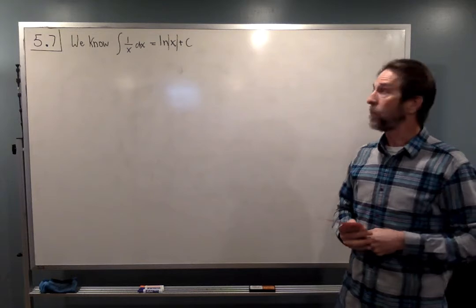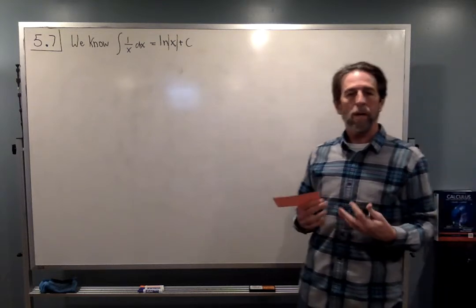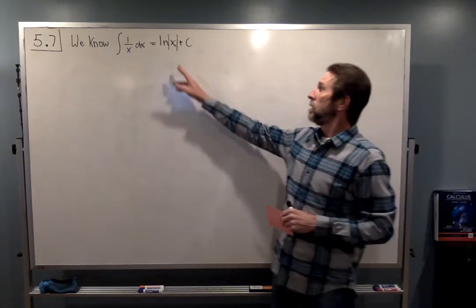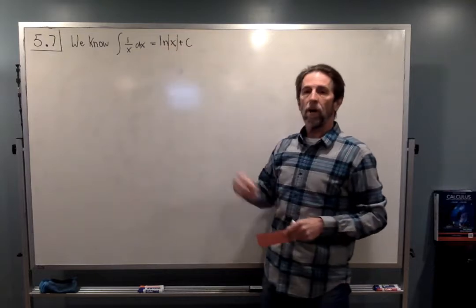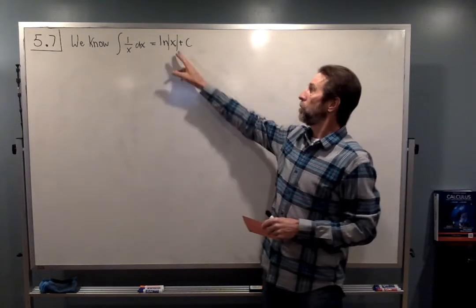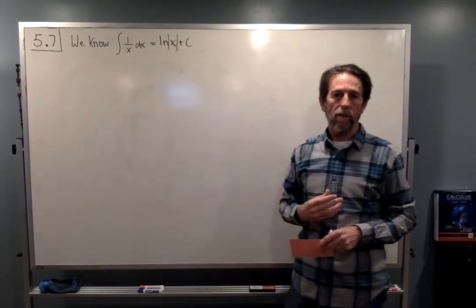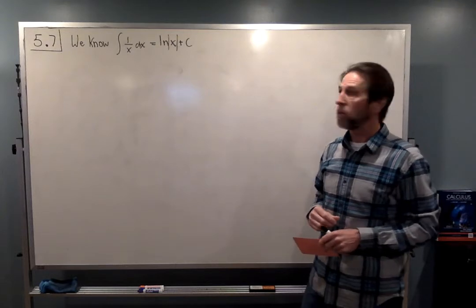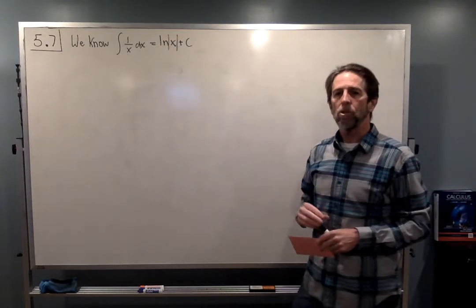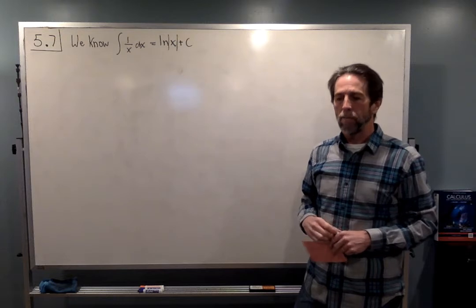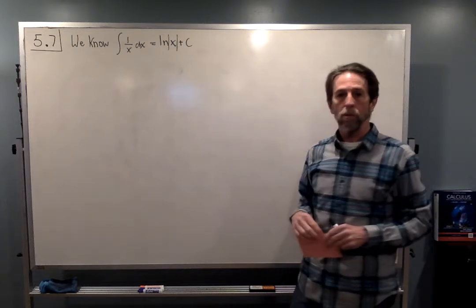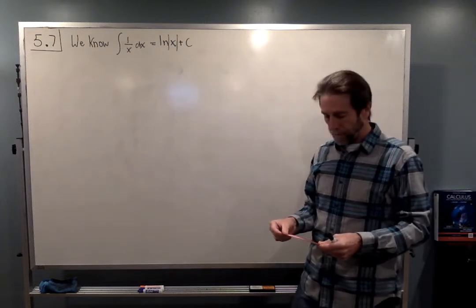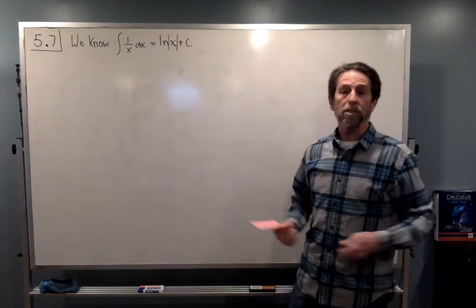We have to have the absolute value symbol because if we try to make this a definite integral, the log is only defined for positive numbers. So whatever is inside the log must be a positive value. It's not a big issue, but something we may have to be careful of when we're dealing with definite integrals.